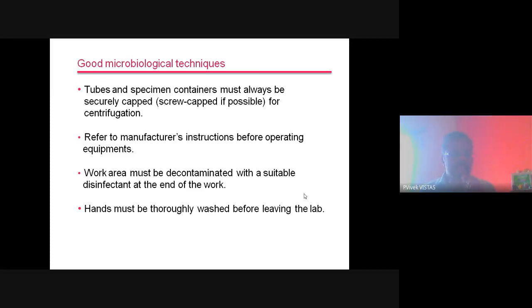Work area must be decontaminated with a suitable disinfectant at the end of the work. Or weekly once or monthly once; if we are using any pathogen or virus, we have to decontaminate as soon as possible. Hands must be thoroughly washed before leaving the lab.